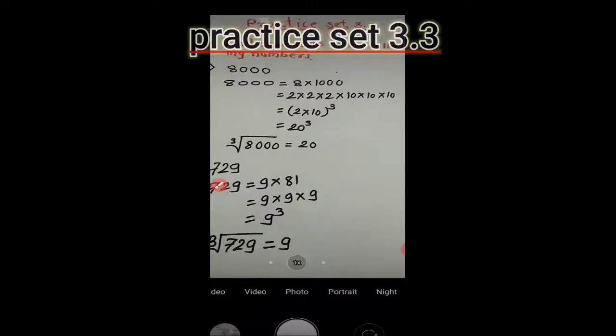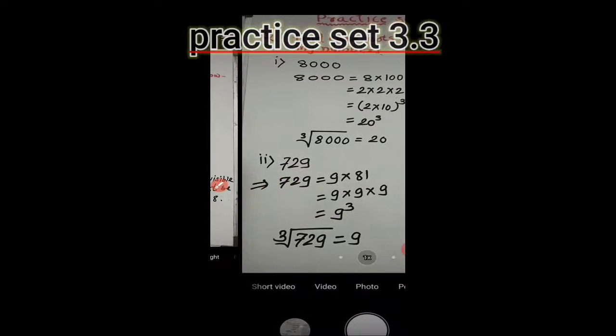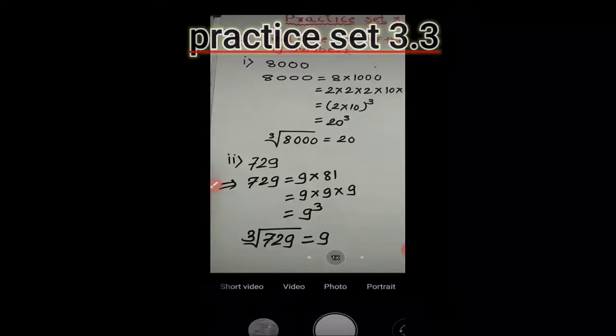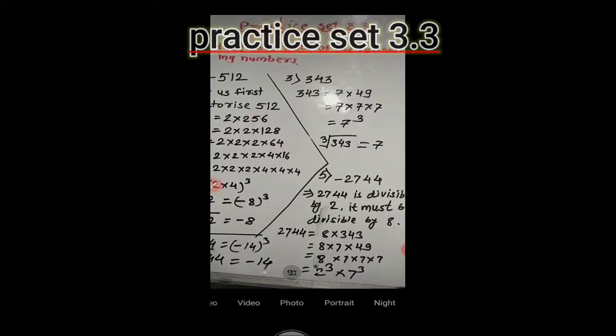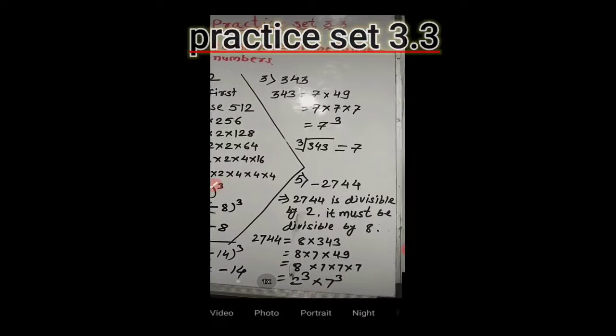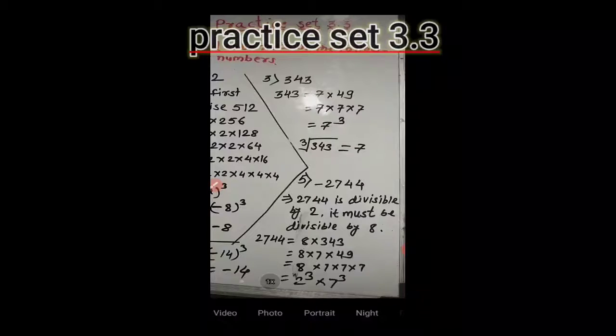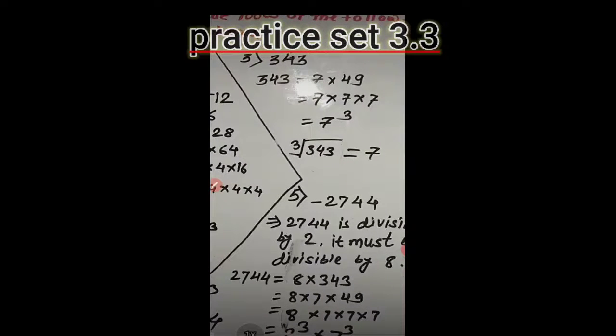Now the third example in question number 1, that is 343. See, this 343 is factorized as 7 into 49.